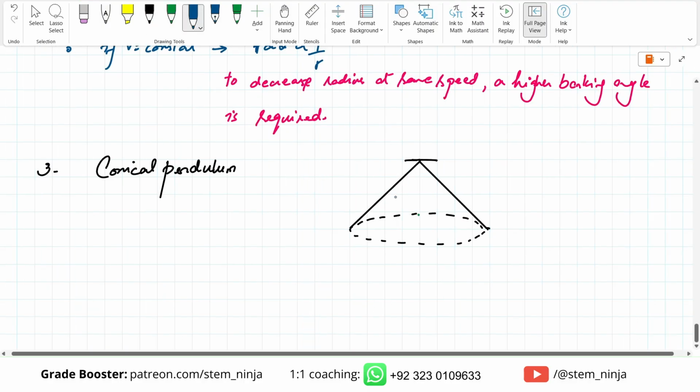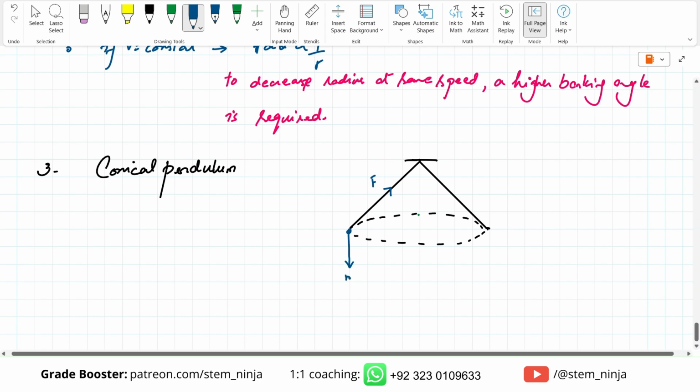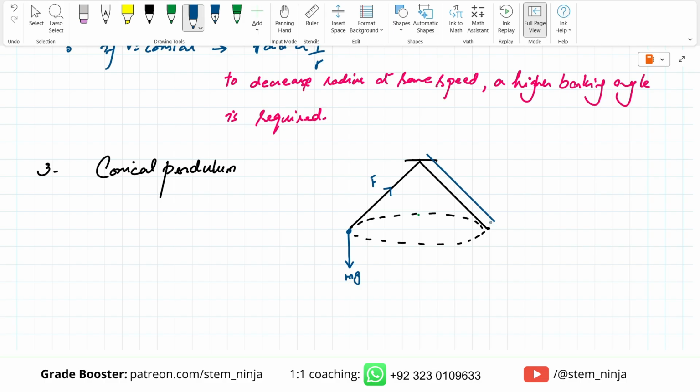Now, we know that there is going to be a tension force. The tension, we will represent it as F. This is the object. It will have weight mg. And let's say that this is the length of the string L. We have the angle of the string theta.